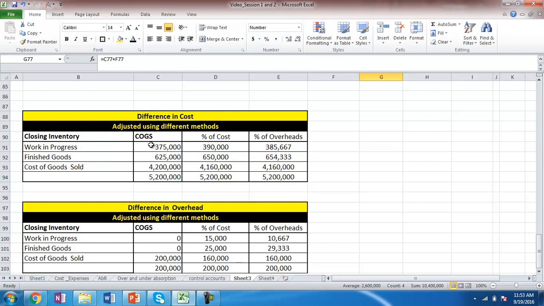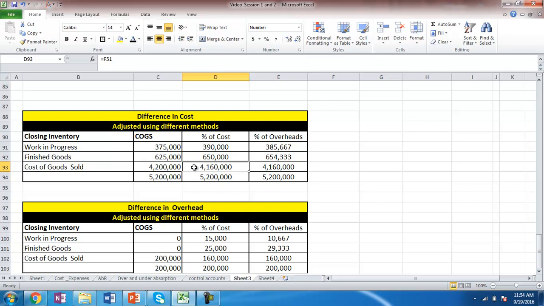If we charge to the cost of goods sold, there is no change in the work in progress and the finished goods. But if we charge on the basis of the ratio of the pre-prorated total cost, then the cost of work in progress, the cost of finished goods as well as the cost of goods sold change.